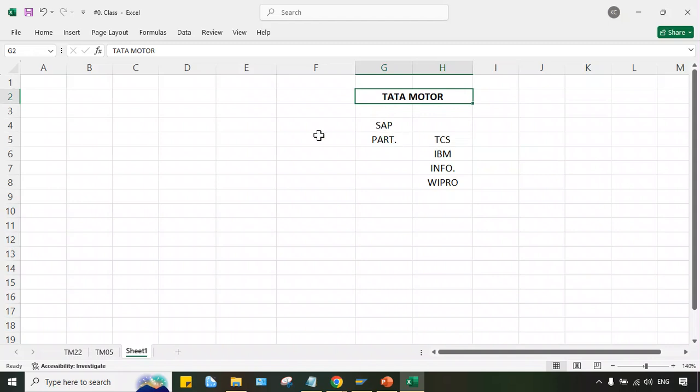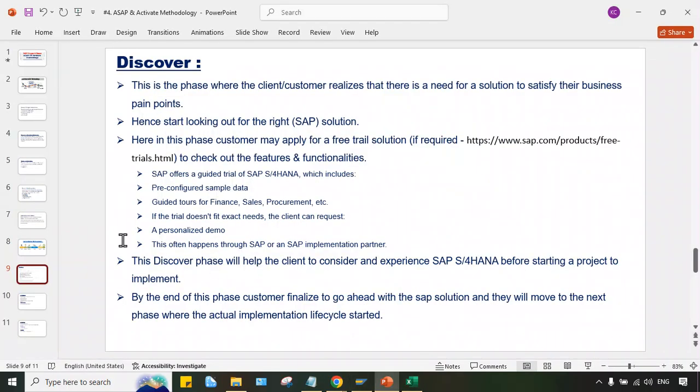Of course SAP also has a benefit, and that's the reason lots of implementation partners are there, who will do the implementations in different projects. Generally, the demo will be given by either SAP or an SAP implementation partner.